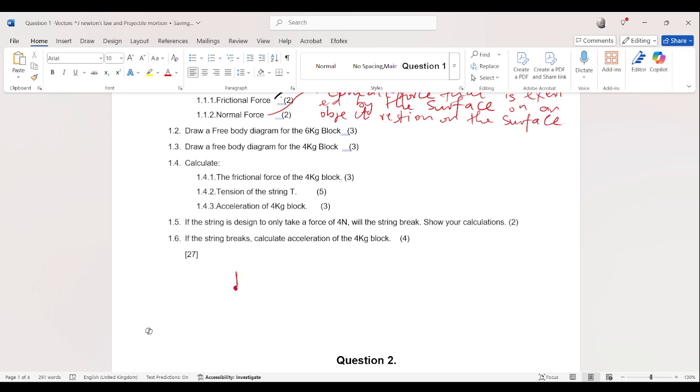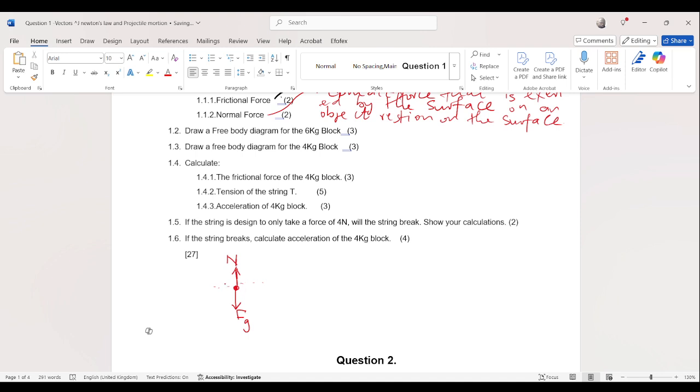We have the gravitational force. Since the object has a mass, we'll write it as Fg, and a normal force. Since our box is resting on the surface, there will be a normal force.